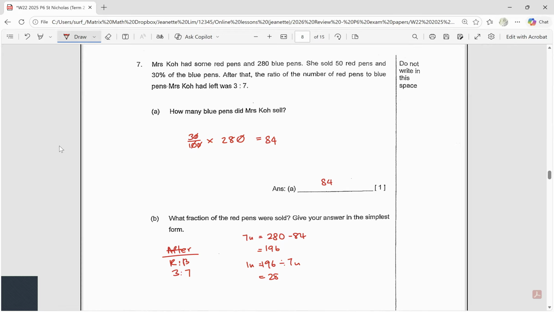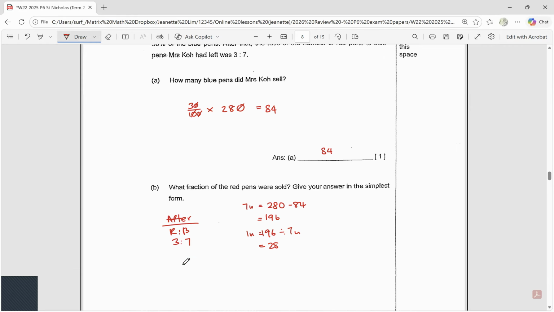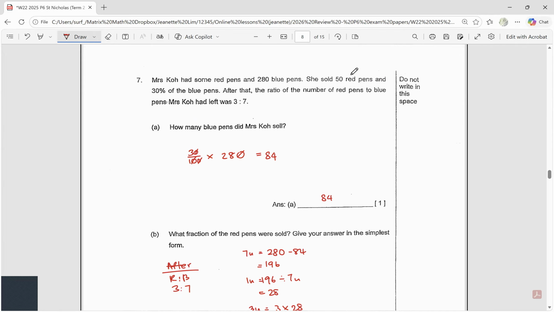You want to look for the red pens in the end first. The 3 units is 84. This is the number of red pens after. But they want what fraction was sold, so you need to find the number before, which is 84 plus the ones that she sold.